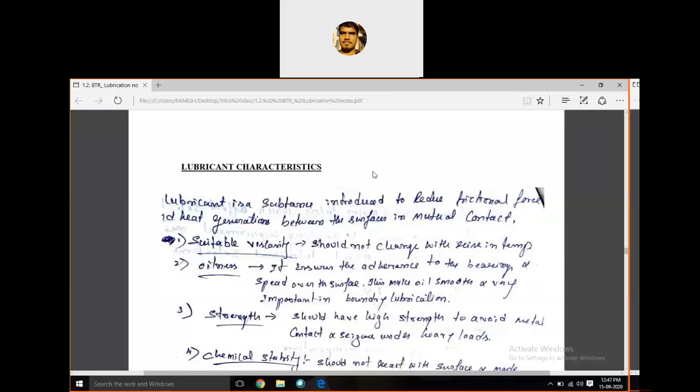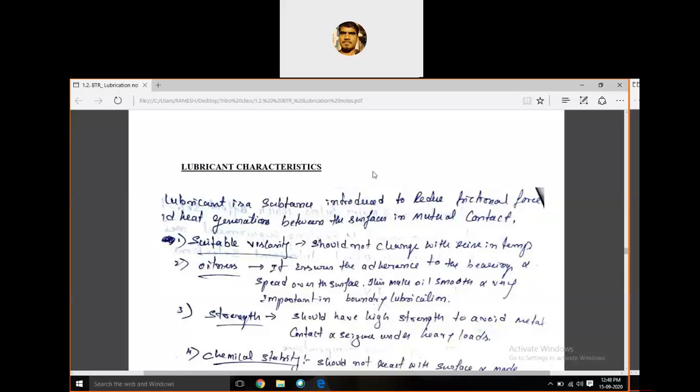The lubricant should have enough oiliness so that it will avoid the metal to metal contact. It ensures the adherence to the bearing and spreads over the surface. This makes the oil smooth and very important in the thin or boundary lubrication. That's the second important property.